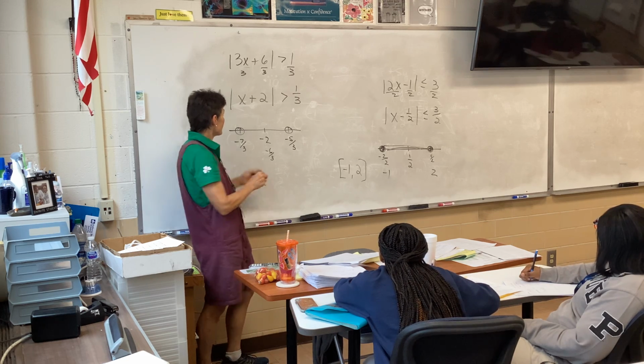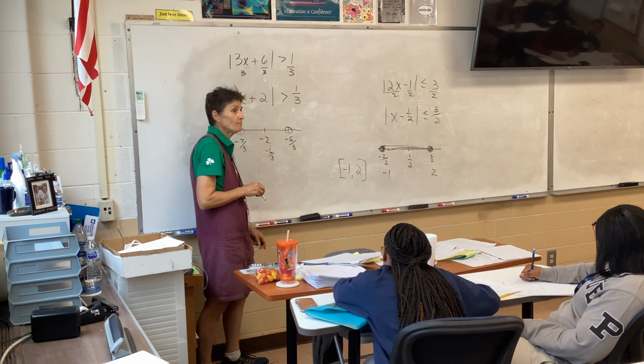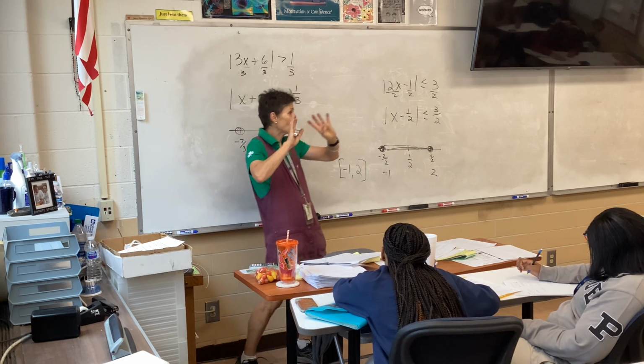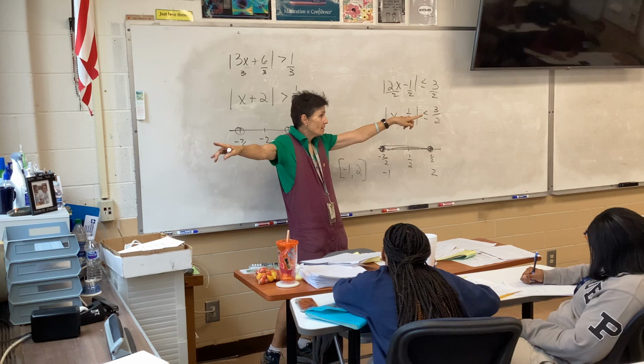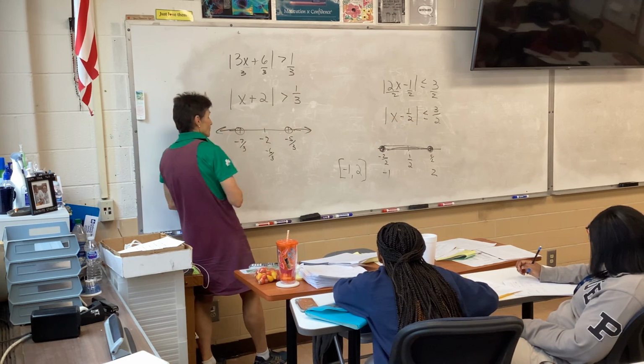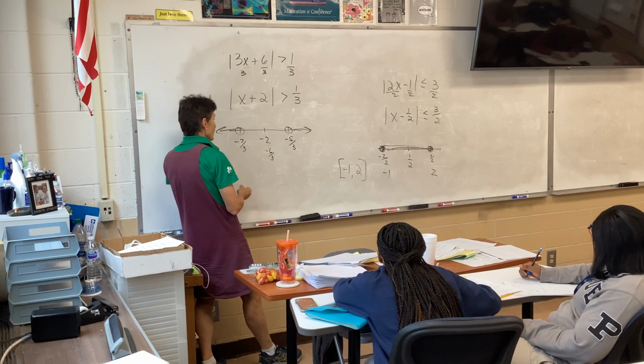All right, they're not closed in this time. Would you agree they're open? Yes. And it's a greater than, which tells me I want the distance to be outside more than. So what does my answer look like in an interval?